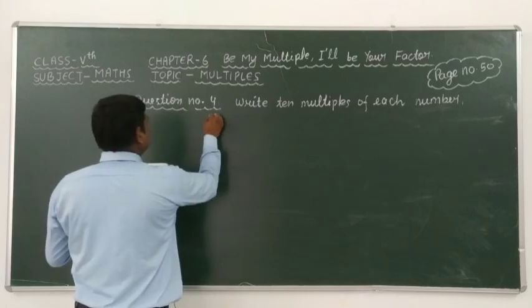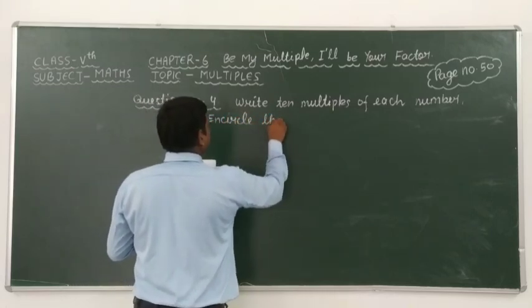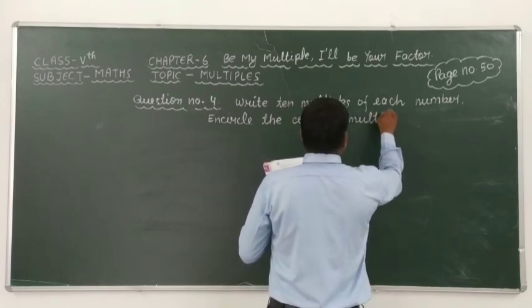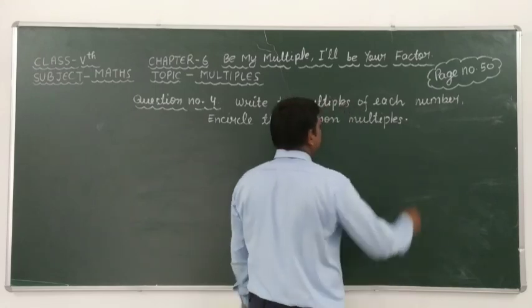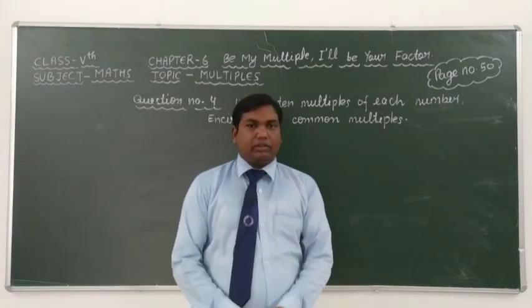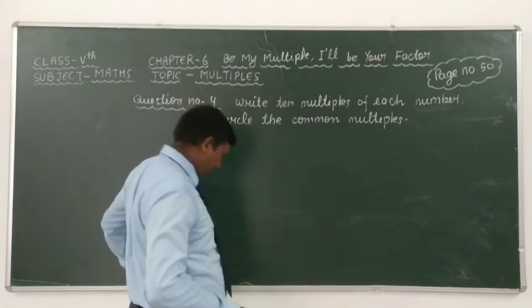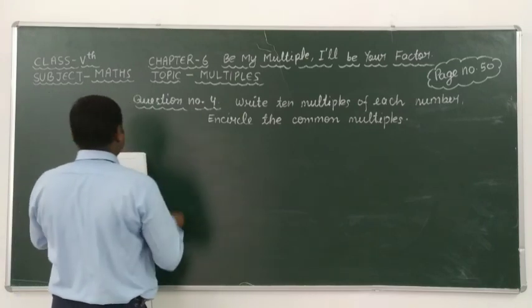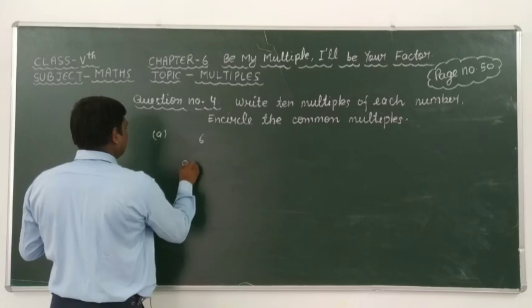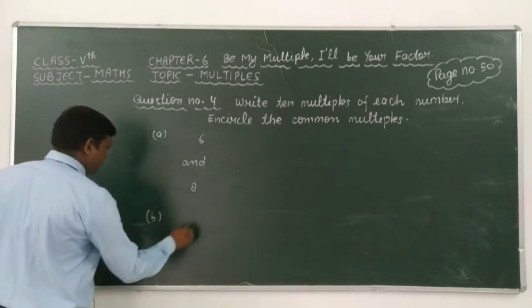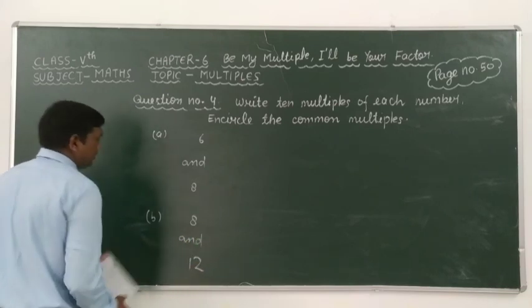Encircle the common multiples. Then question number 4 of A is 6 and 8. Question B is 8 and 12.